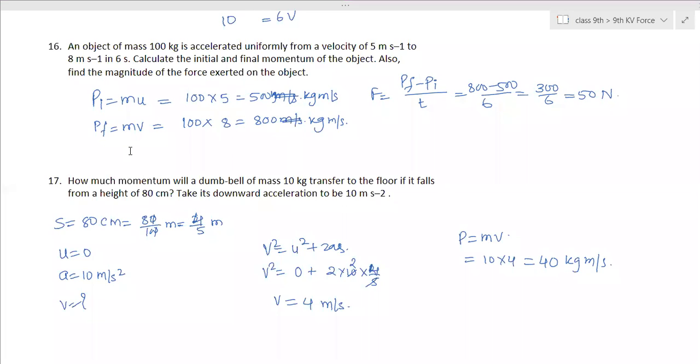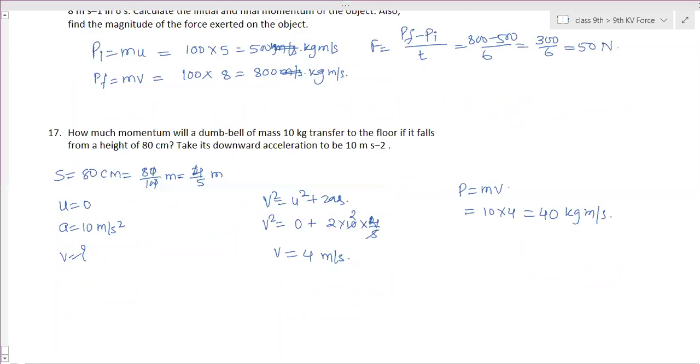Now here are three reasons left out. That is based on the second law of motion. Second law of motion, that is F is equal to rate of change of momentum. Force is equal to change in momentum, that is p, divided by time.